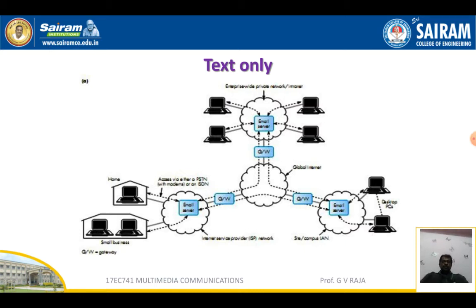Business users gain access either through an enterprise network or a site campus network. An email server is one or more servers associated with each network, collectively containing a mailbox for each user connected to the network. For example, Gmail, Yahoo, Sify are all email servers.